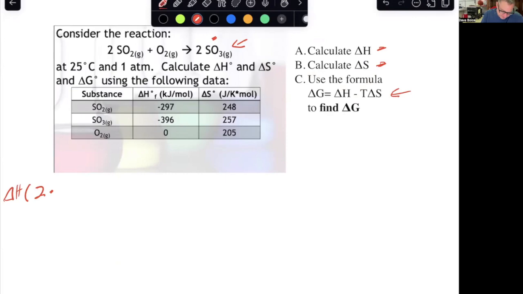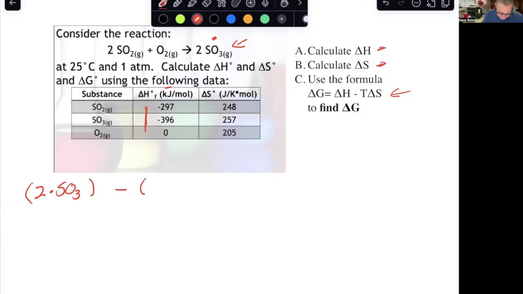and I'm going to start with, say, let's do delta H. And so here are my delta H values. Notice these are in kilojoules, which is good because delta G is supposed to be in kilojoules, so great. Actually, I'm not starting with delta H, I'm starting with just the general formula here. So 2 times SO3, that is my final, minus my initial.